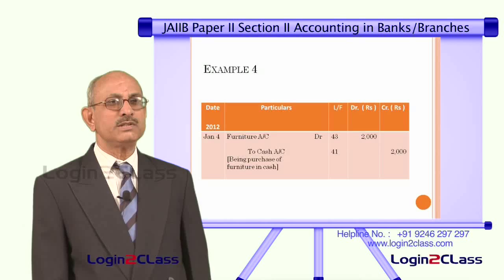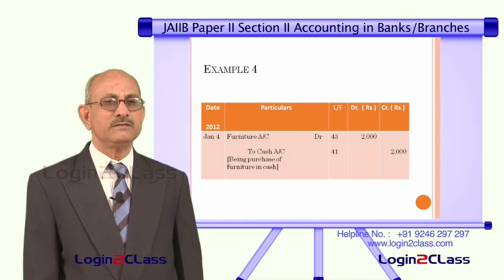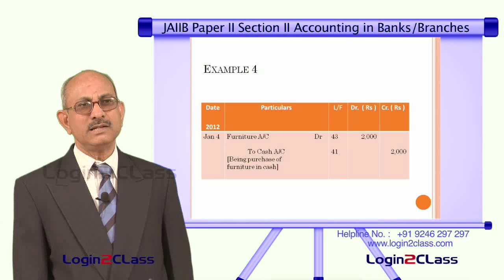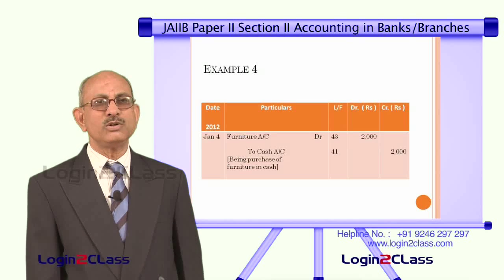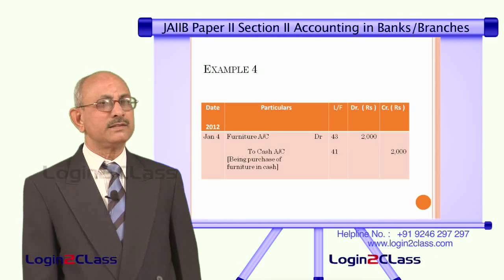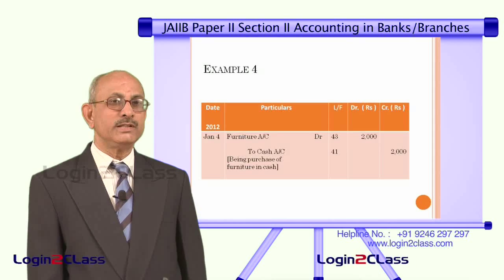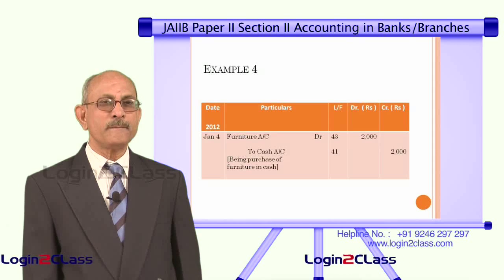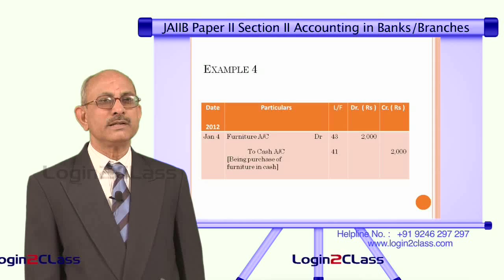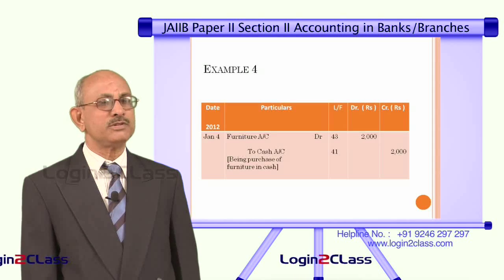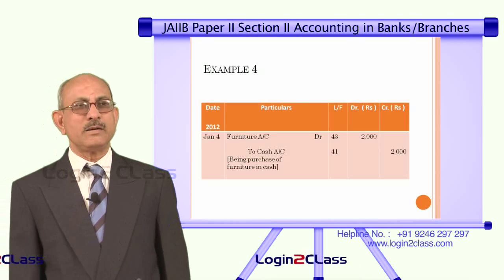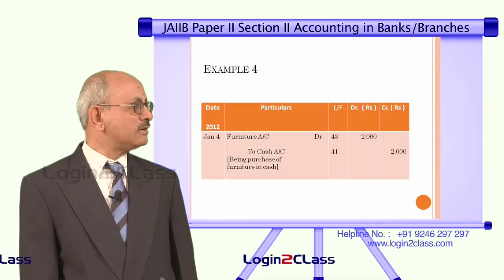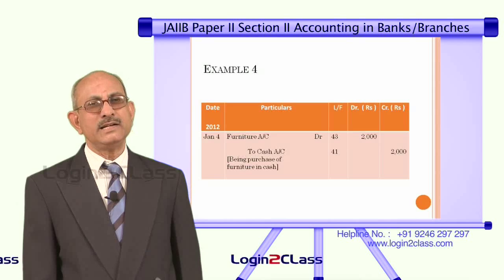So since two accounts are affected, you have to identify them, that is furniture and cash, and then find out which category of accounts they belong to. Both of them belong to real accounts because they are assets of the entity. So in that case, use the rule for real accounts, that is debit what comes in and credit what goes out. So what has come in? Furniture has come in here. So you debit furniture account with 2,000 rupees and credit cash account.